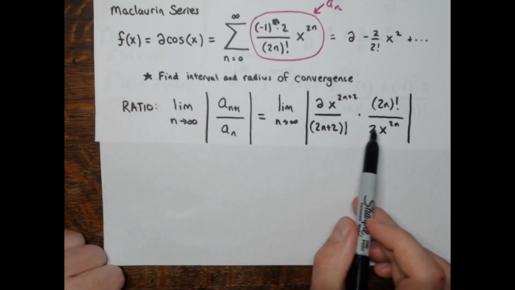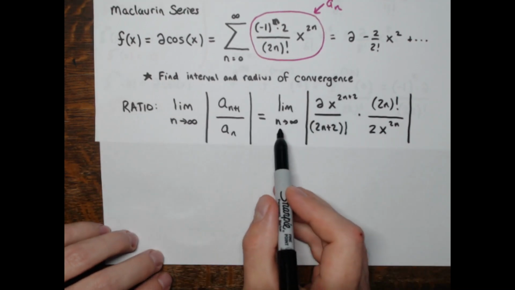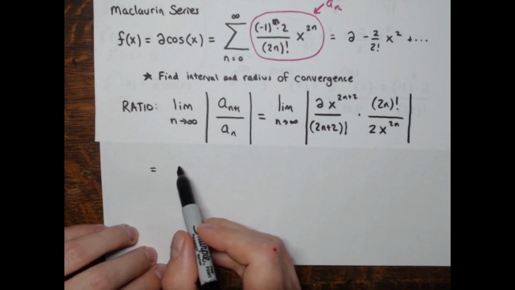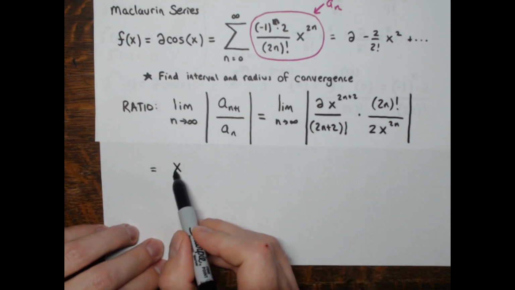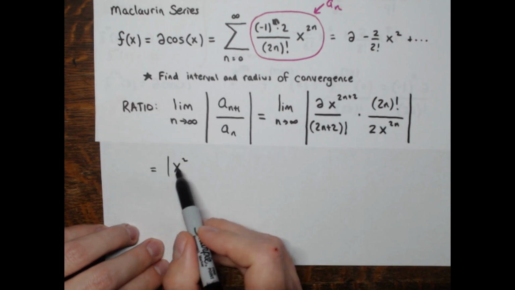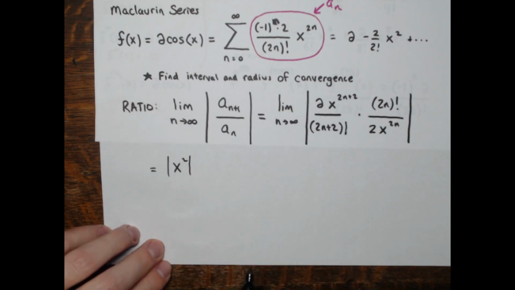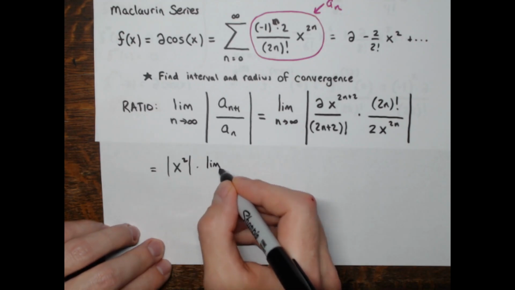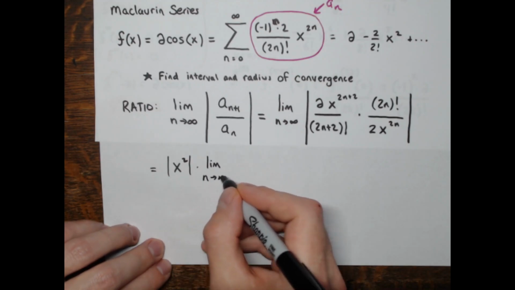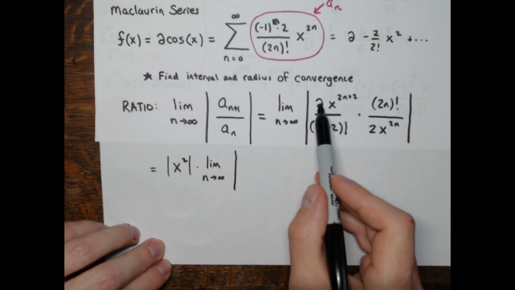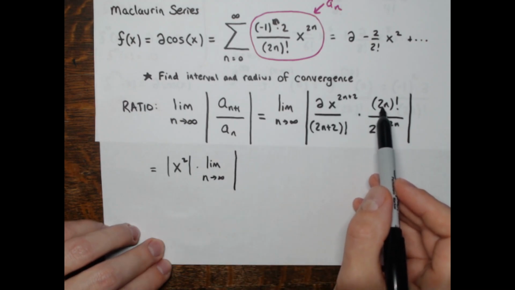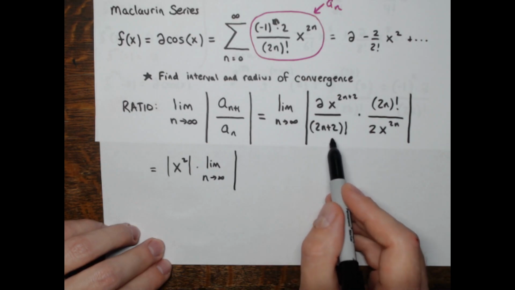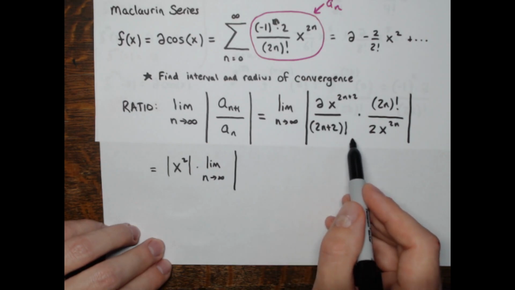And what we'd end up with, you'd have x squared, which I can pull out because it doesn't have n involved. Anything that's not n is constant. So you can pull out the absolute value of x squared, or just x squared, because that'll never be negative, times the limit as n goes to infinity of the absolute value of, now the 2's cancel, and then 2n plus 2 factorial, that'd be 2n plus 2 times 2n plus 1 times 2n factorial.